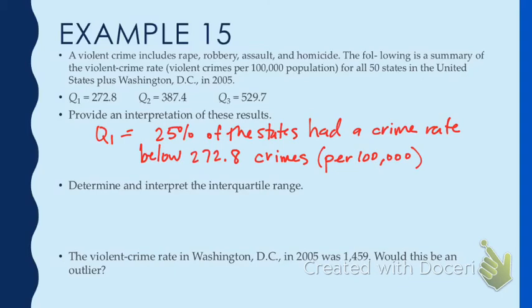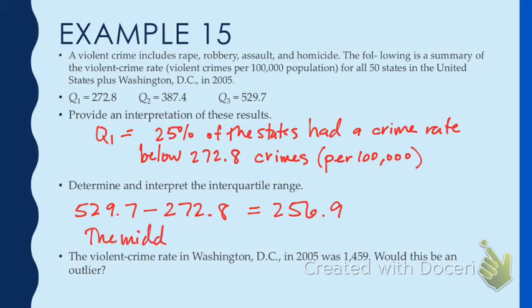Okay, so what 2 numbers am I subtracting? Minus. Good. And what does the IQR mean? What is the definition of the IQR? The middle 50%.